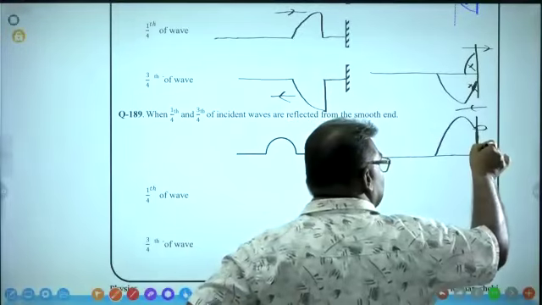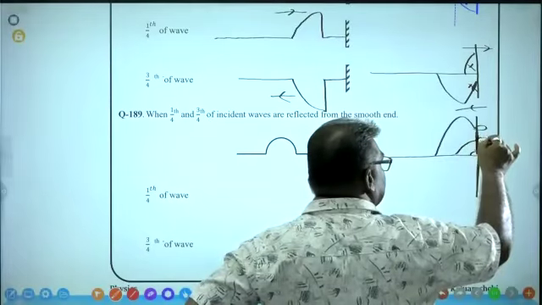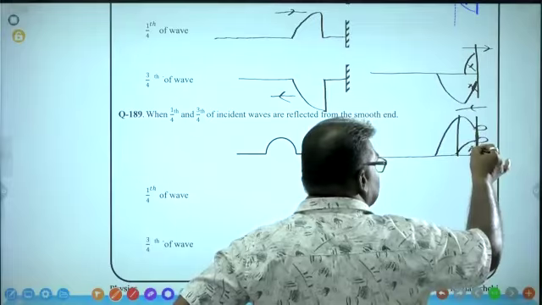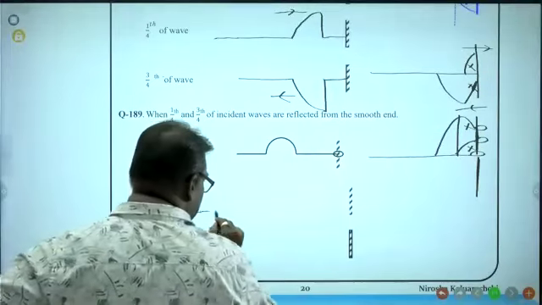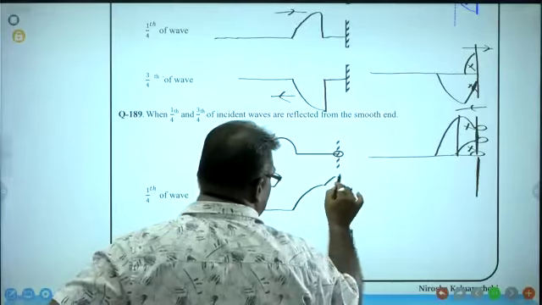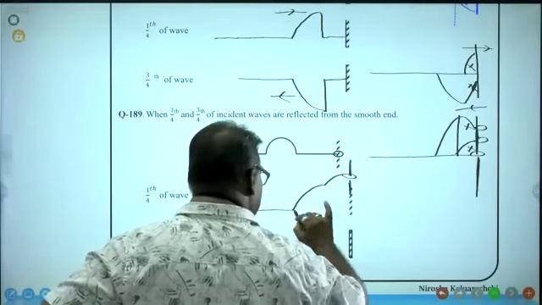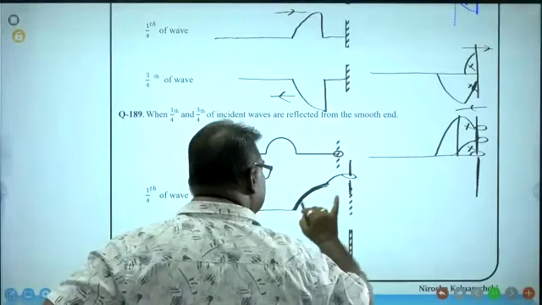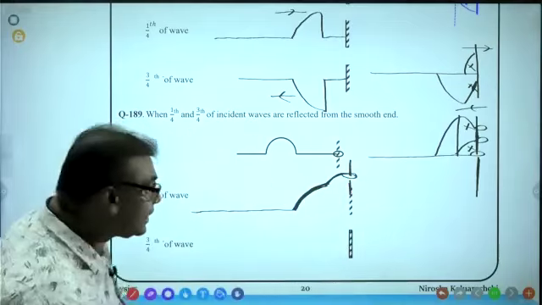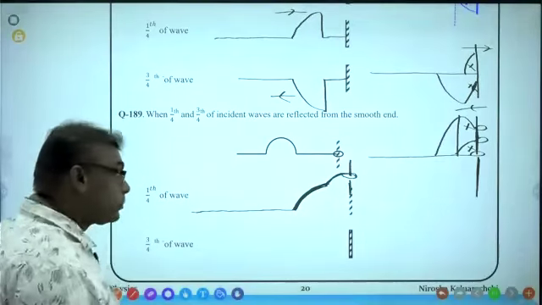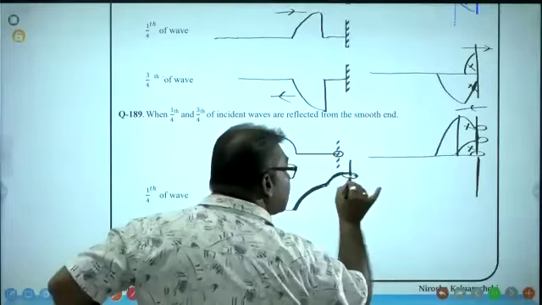And another 1/4 reflected. Reflected one like this. Here, crest, crest. Is it like this? This is that half of the wave pulse. This is rest of the half. It's a broken one like that, no? It's like a ripple. Yes. Right here. And this one is this one.